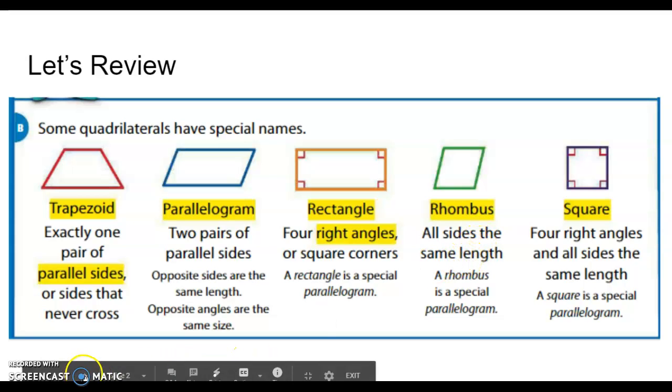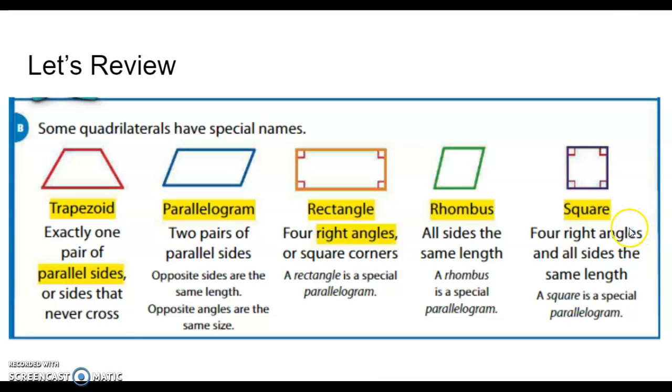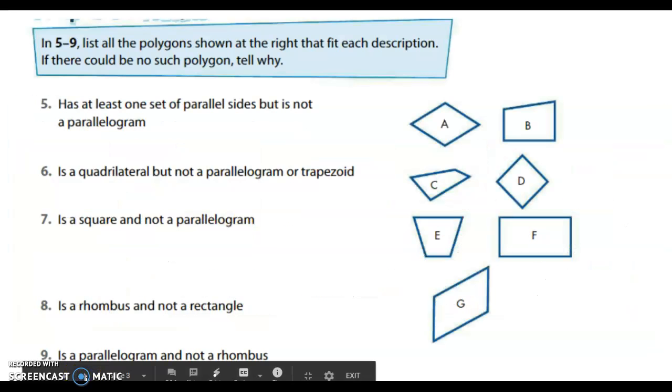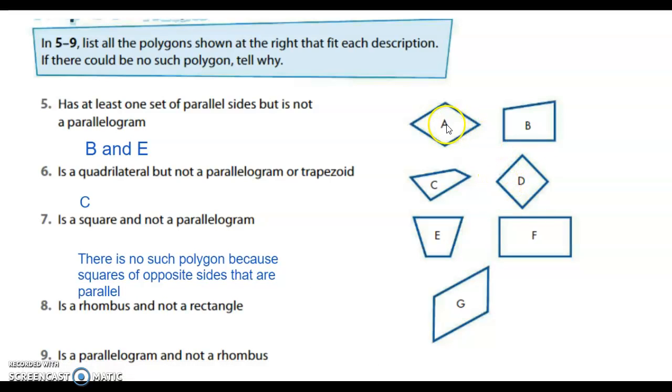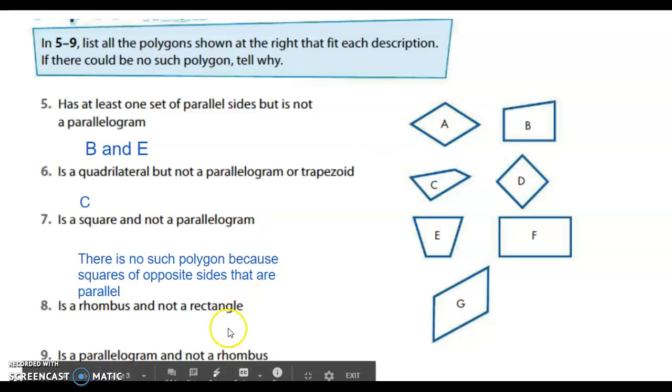So we need to find a rhombus with all sides the same length, but it can't be a square, because a square and a rectangle have four right corners. So this looks like it has four right corners. I don't think that can be it. But this does not look like it has four right corners, and all the sides look the same. So I believe that A is the correct answer.